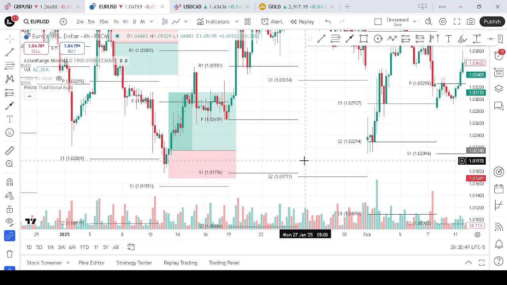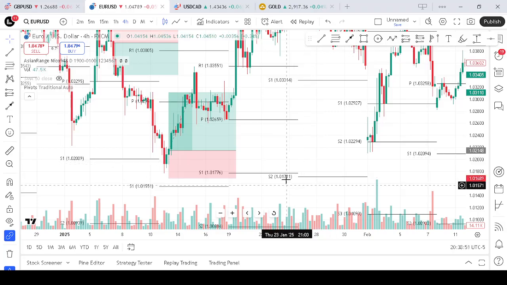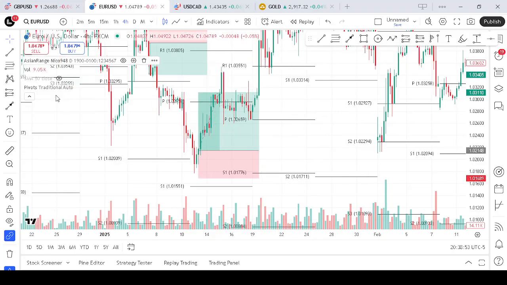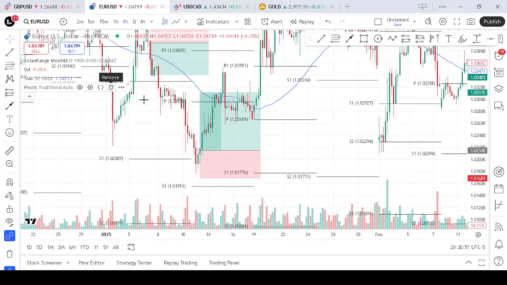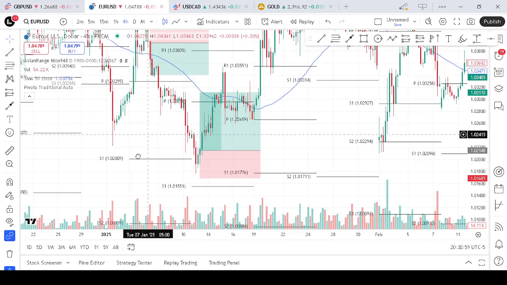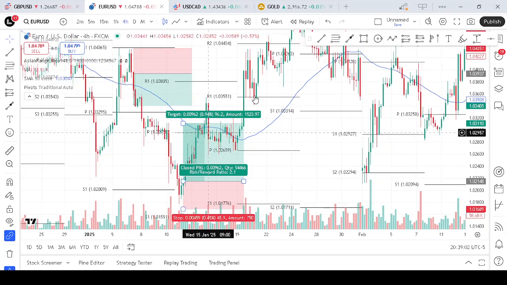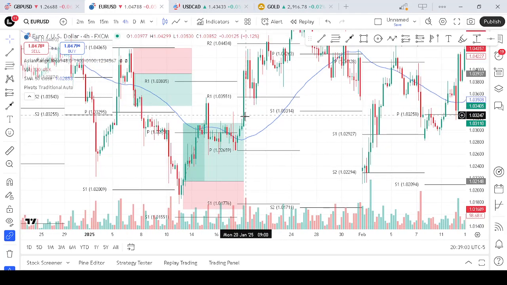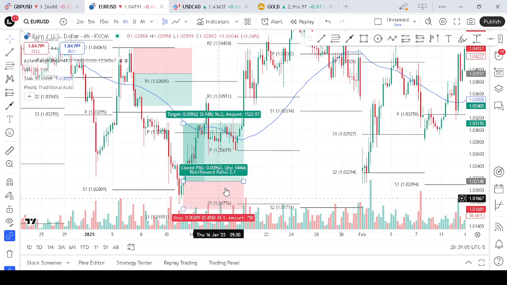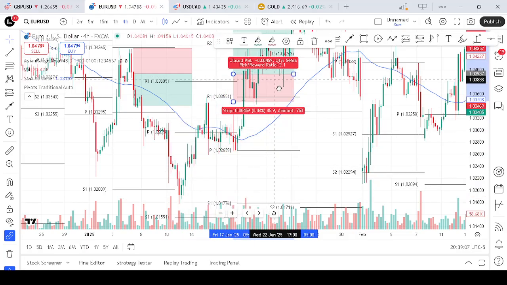This is to confirm trading signals. So if price is above both the pivot point and the moving average, it strengthens our decision to go long.